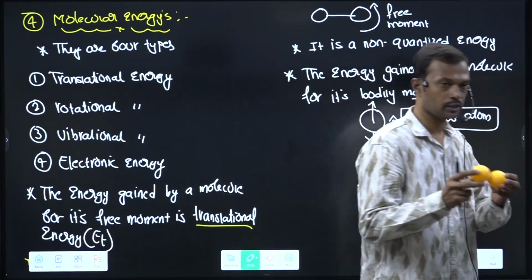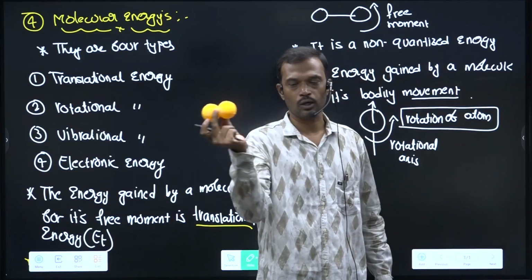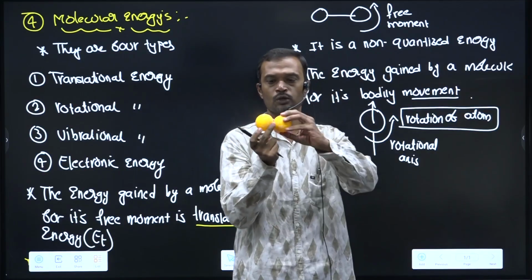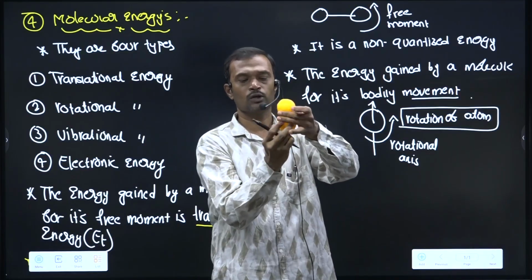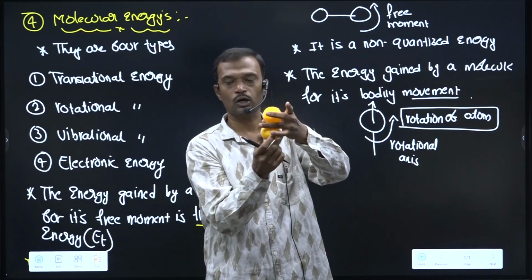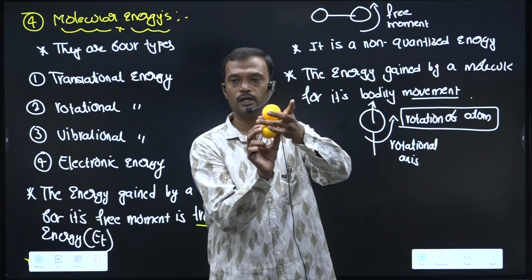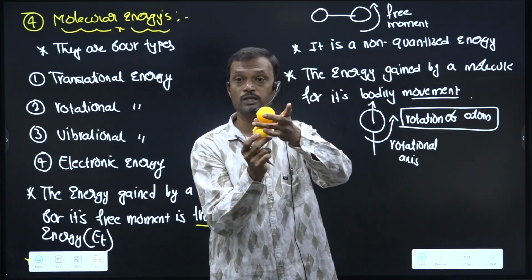If you pass one axis through it and the molecule rotates along that axis, that is called bodily rotation. So this is called rotational energy. Energy required for any atom for its bodily rotation is called rotational energy.